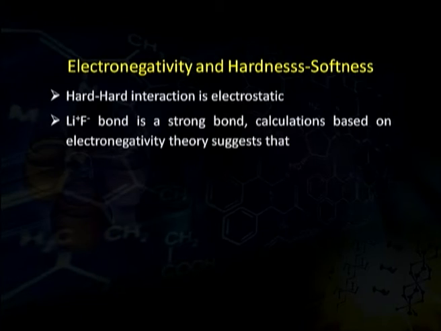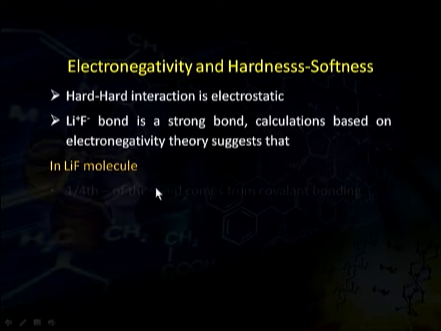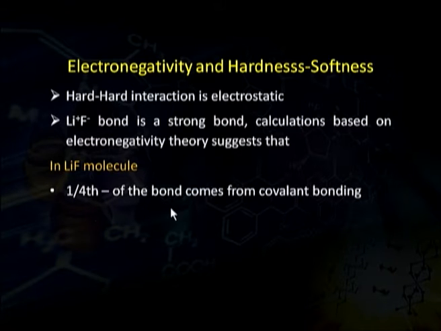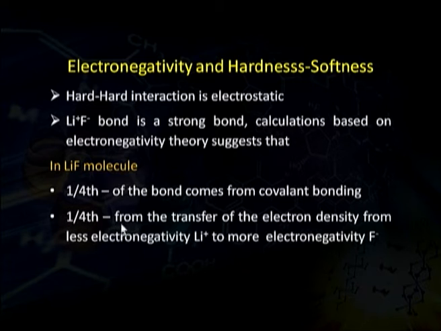Hard-hard interaction is electrostatic, it is very clear, as we can see from this example, lithium fluoride. In lithium fluoride, the bond is a strong bond, and the calculation based on electronegativity theory suggests that in the lithium fluoride molecule, 1/4 of the bond comes from the covalent character. 1/4 comes from the transfer of electron density from less electronegative lithium to more electronegative fluoride ion, and the remaining half of the bond comes from the ionic bonding.